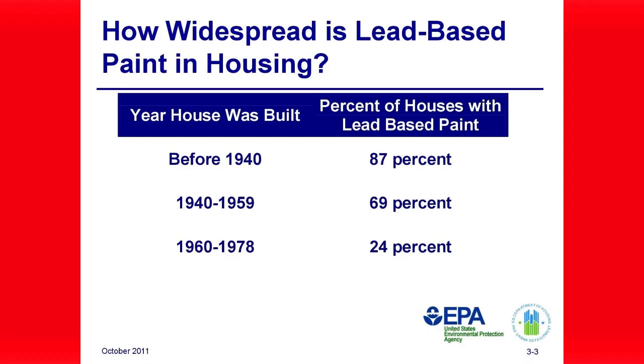So the older the home, the greater the chance that the home may have lead-based paint. Obviously, the older the home, the more opportunities the home had to be painted again and again, and one or many of those layers may contain lead-based paint.